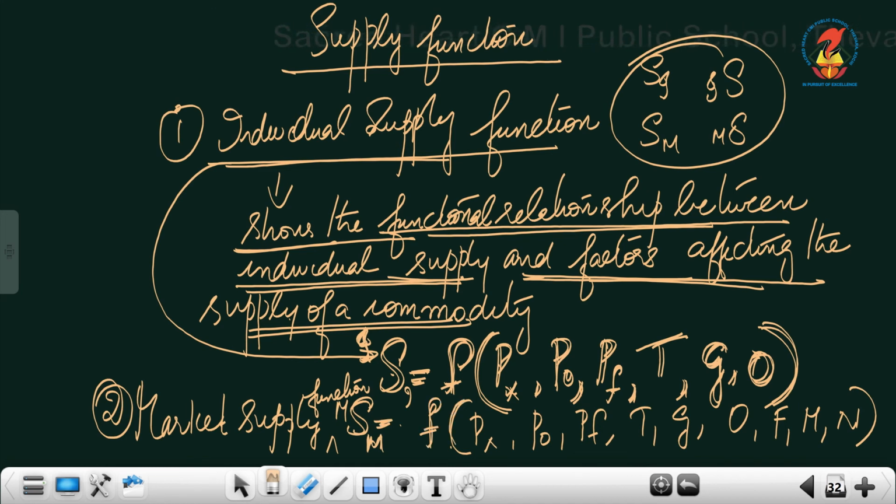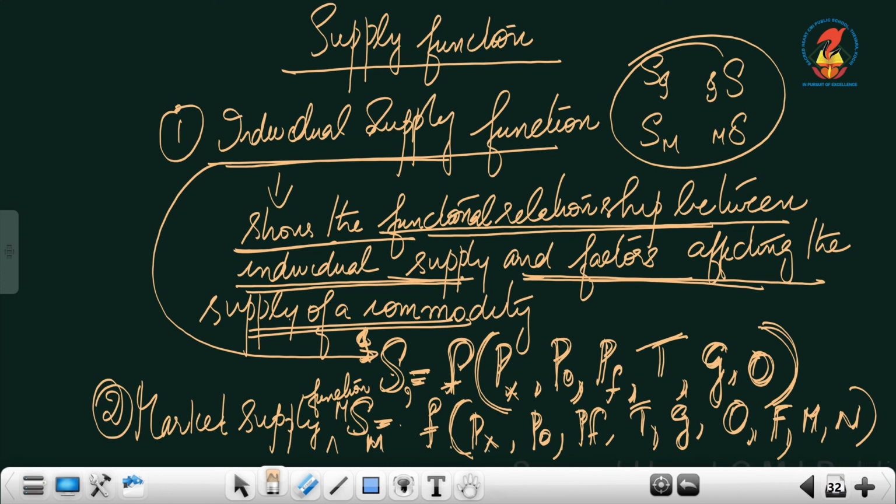SM is the function of PX, that is price of the good, PO, price of other goods, PF, prices of factors of production, T, technology, G, government policy, O, objectives, plus the three other factors: F, future expectation regarding the price, N, number of firms, and M, means of transport.